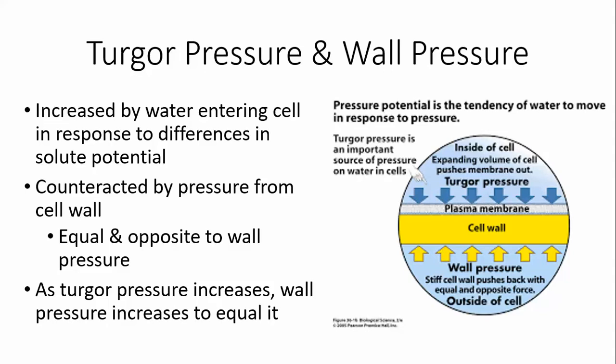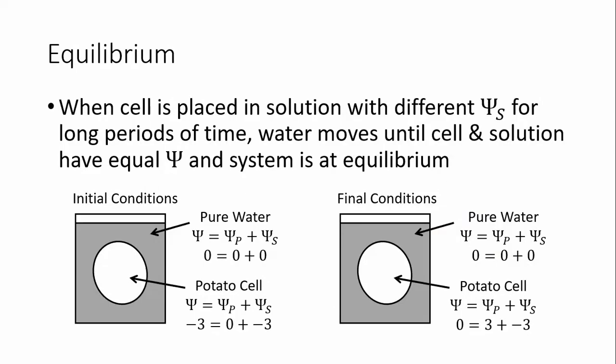Both are increased by water entering the cell, and turgor pressure is counteracted by wall pressure. Whenever turgor pressure increases, the pressure of the cell wall increases as well, pointing against it. Basically, you'll reach a state of equilibrium where your cell is bulging full of water, but it is not capable of taking in any more. Like I said, this will ultimately end with this thing in equilibrium.